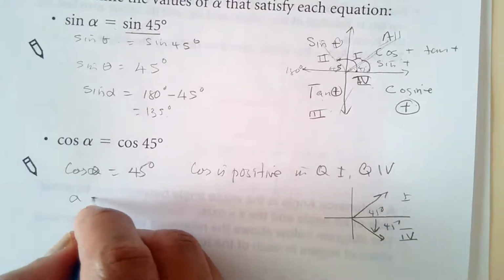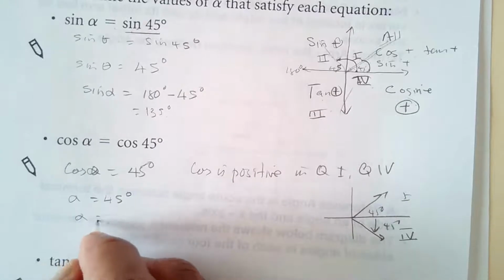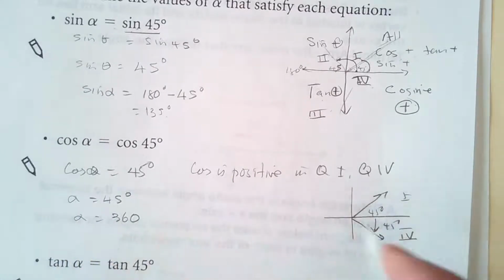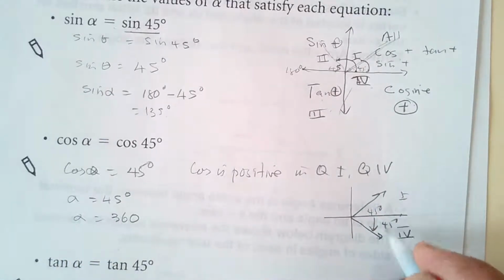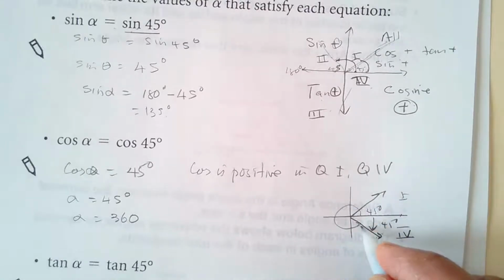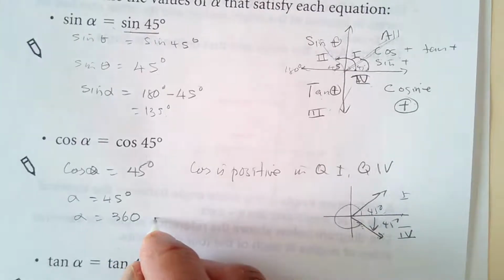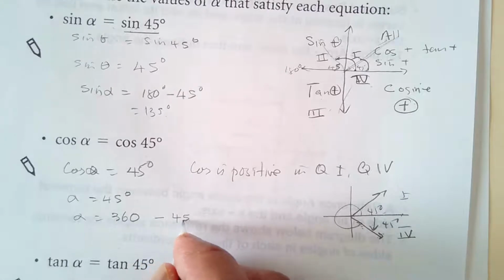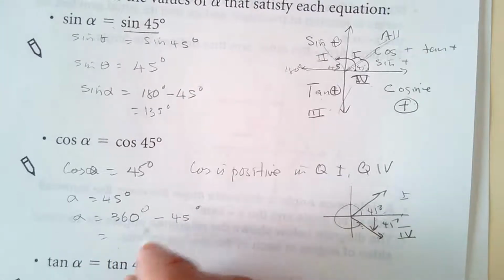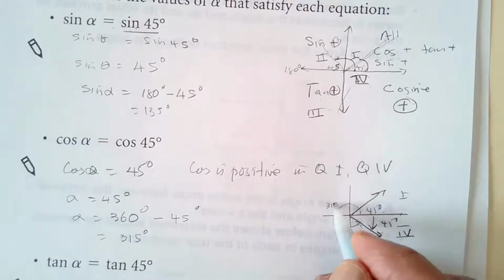So alpha is equal to 45 degrees, and the other is 360 minus 45, which gives you 315 degrees. So this angle is 315 degrees.